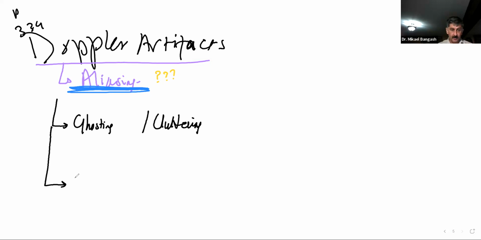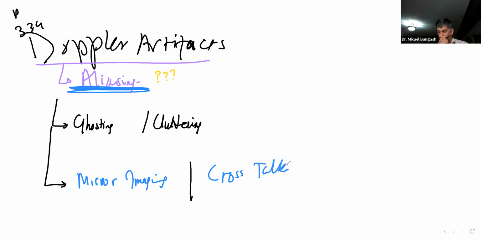Whereas the other artifact is what we may call mirror imaging, which can also be called crosstalk. Is that clear?